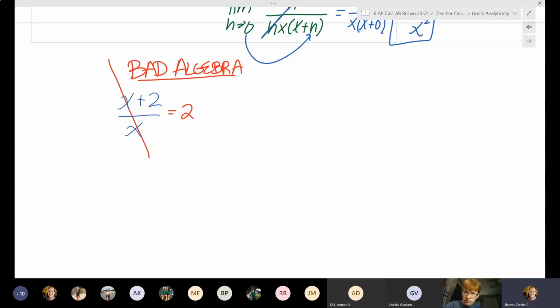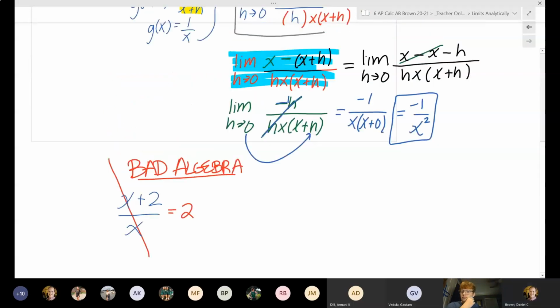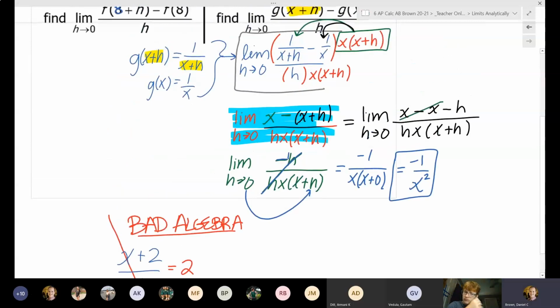That's why when I go back to the problem, and really any of these problems, I only cancel when I have factors or when I've gotten rid of the plus or the minus sign between terms. So when I show my steps, I canceled out the x's first in the numerator, and then I could cancel out the h's because I no longer had things being added or subtracted. I just had a factor.